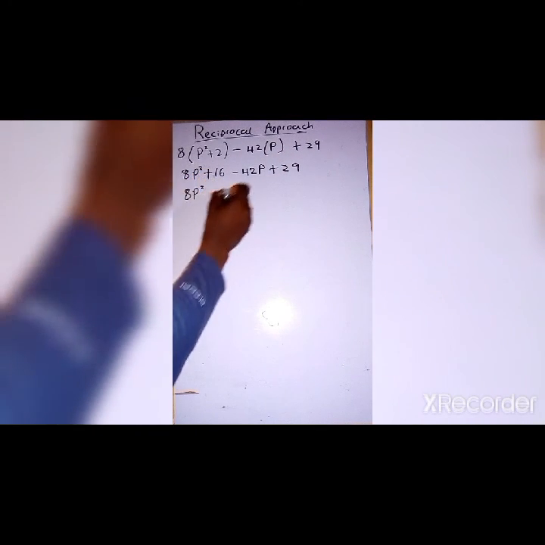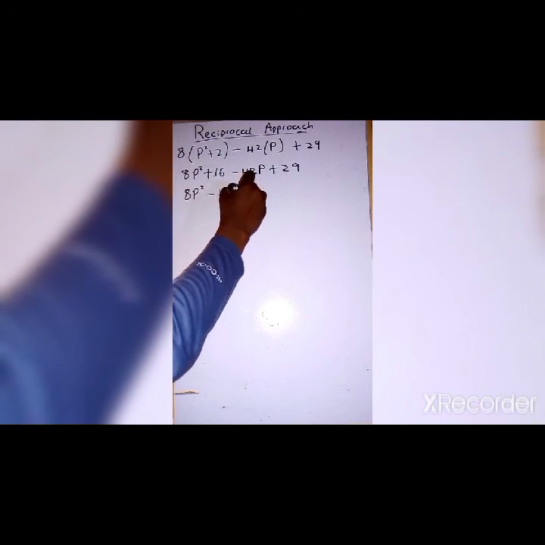So we collect like terms. We have 8p squared minus 42p, 29 plus this, we have 45. So now this is a quadratic equation. We solve this quadratically. After solving quadratically, we get the value of p and we continue solving.